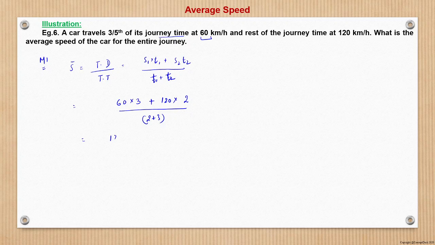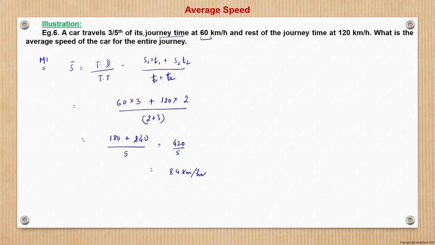So this we can say 180 plus 240 upon 5, right, which becomes 420 upon 5, which is nothing but 84 kilometer per hour. This is using the conventional one, total distance upon total time. We knew the speed and respective time, right?